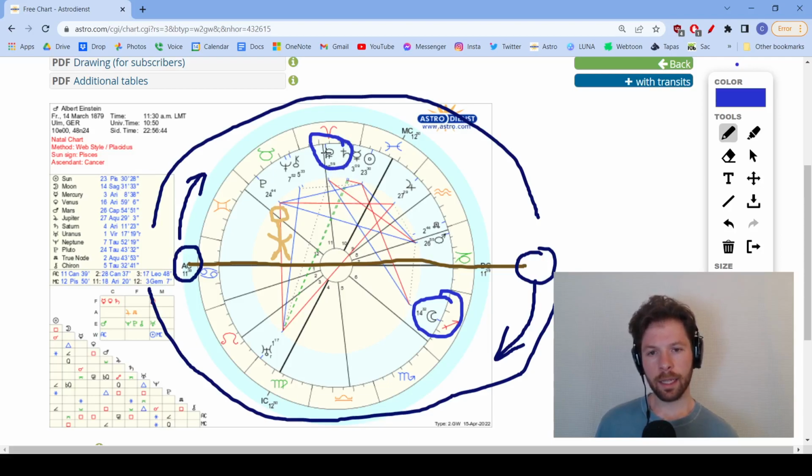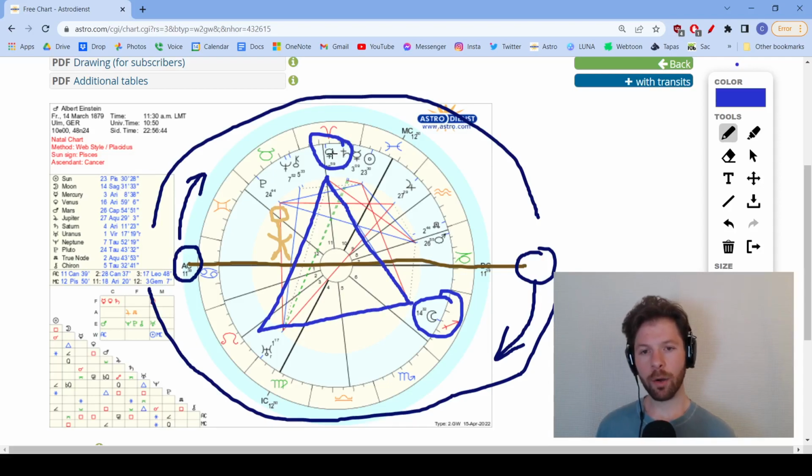And you see this blue line here? That's a trine. It says that the moon in Sagittarius is trine Venus in Aries. Why is it a trine? Because 3 trines would make a triangle.